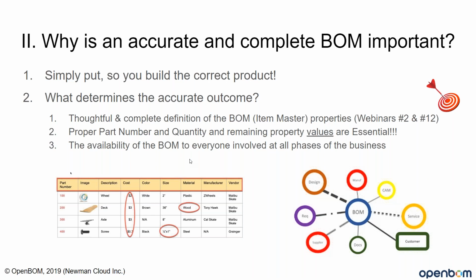So we think about this bill of material, and we often think about it strictly in the context of manufacturing, but there's a lot of information that others need, people in requirements and requisitions, and of course manufacturing and machining, and people that deal with suppliers, etc. Does my product come with some documentation?